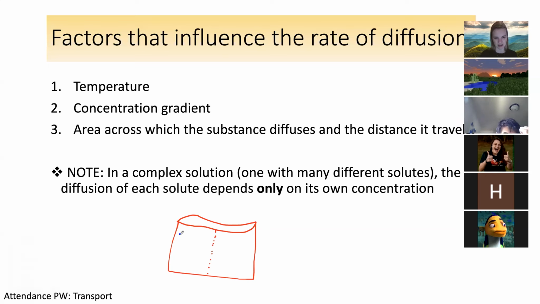Let's say on this side I had 5 particles, and over here I had 6. The gradient is the difference in the concentration from one side compared to the other. So would you think this is a high concentration gradient or a low concentration gradient?